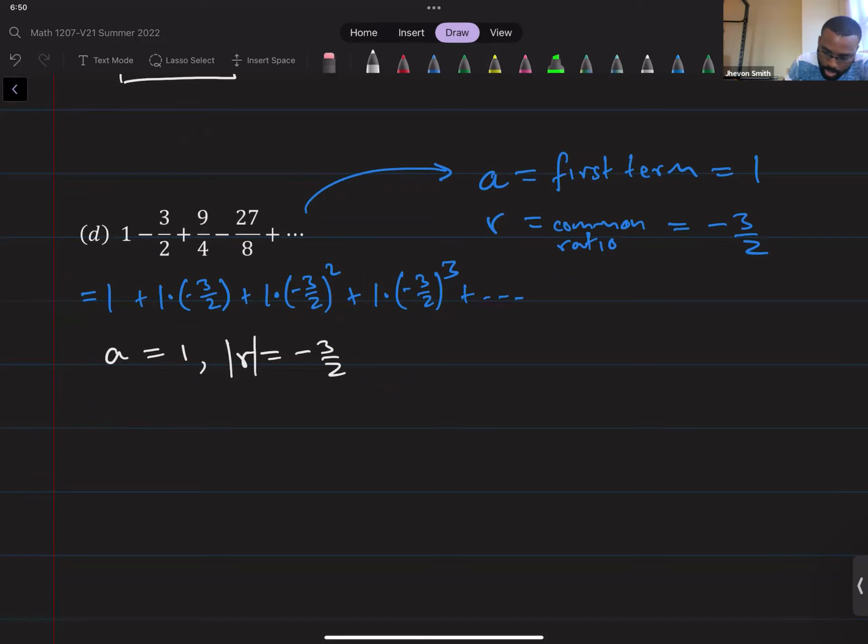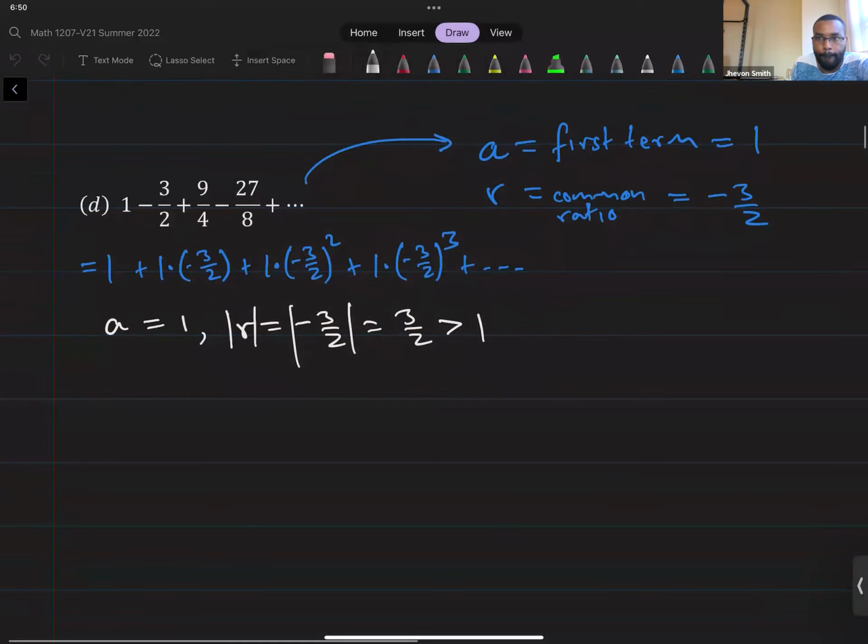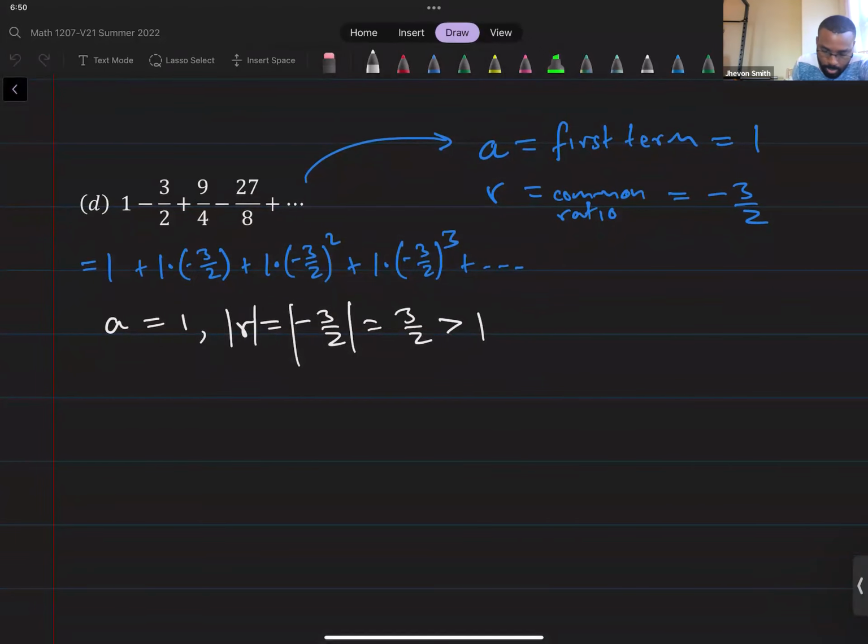By the way, if we were to put absolute values around the R, that means absolute values around this, which is 3/2, which is actually bigger than 1. So what does that mean for our series? What does it converge to?